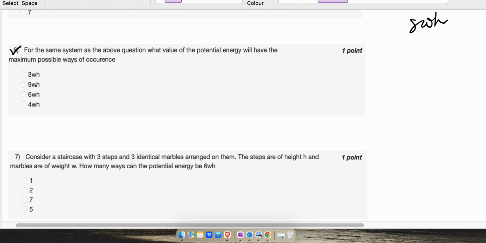So let me check. Only one possible way we can get that. So which energy will occur maximally? Let's see. It seems that 9 omega h is the maximum.